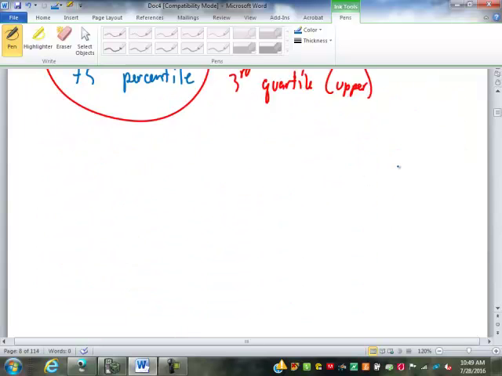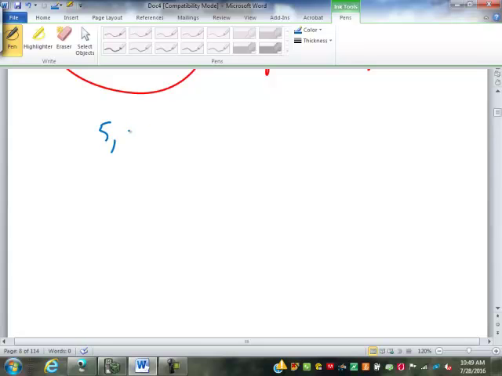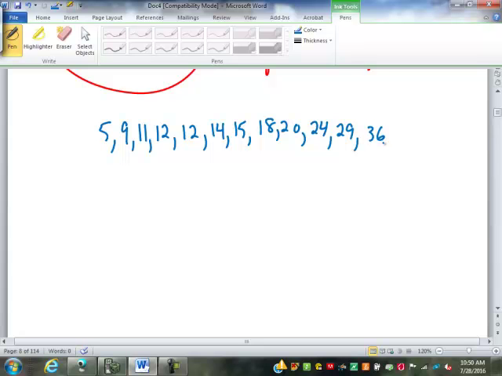For example, let me give you a set of numbers here. What are there? 1, 2, 3, 4, 5, 6, 7, 8, 9. So there's a set of numbers there. I want to find the first quartile, the median, and the third quartile.